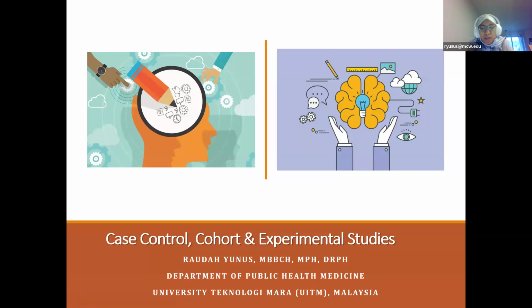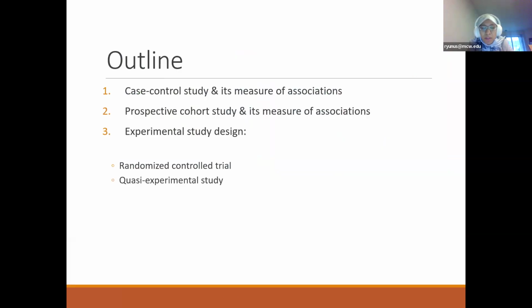In the last lecture, I have given you an overview of the study design, and we have barely touched the surface of the topic. But this time we will dive a bit more and discuss more details about this and talk more about the measures of associations that you can calculate from the study designs.